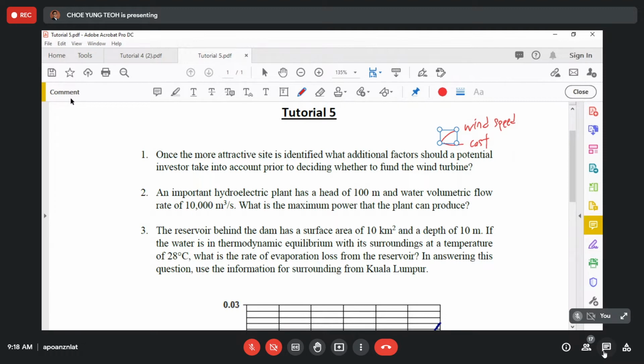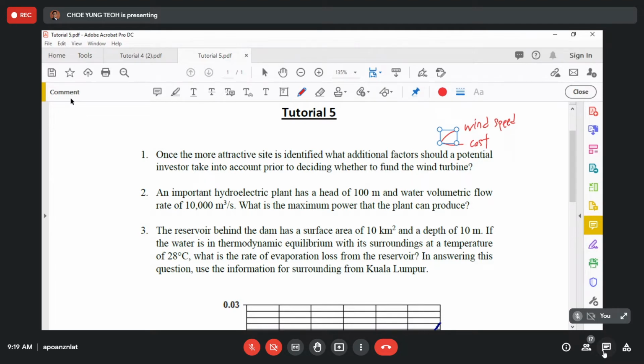Will the wind speed change from this year to next year, or next year to another year? We don't know. So this is a part of the risk as well, whether we have the possibility to not get the profit as planned. So these are all the things that you need to consider.